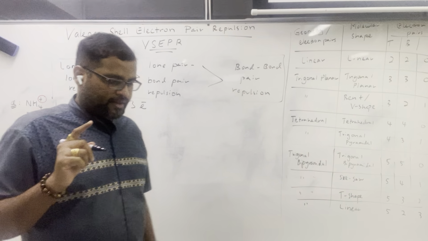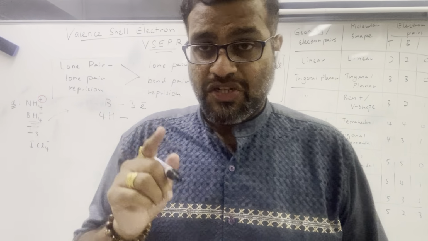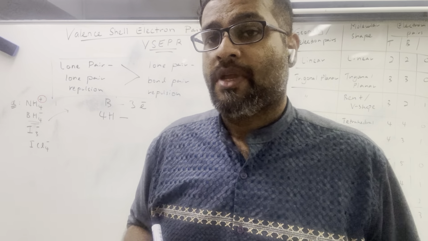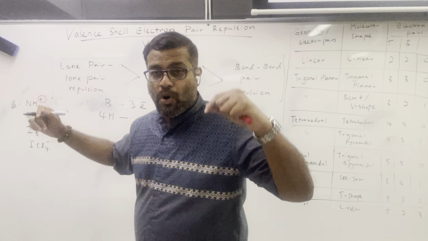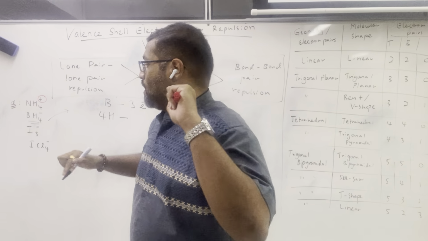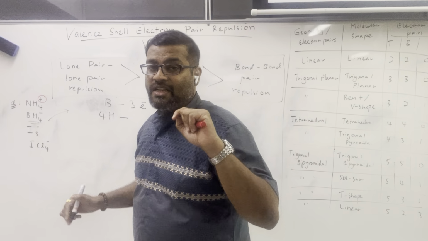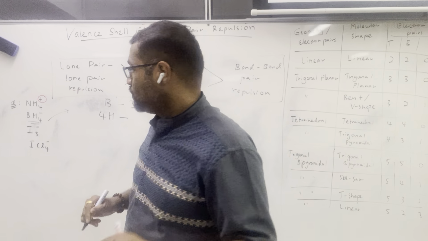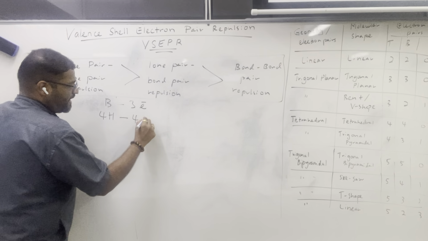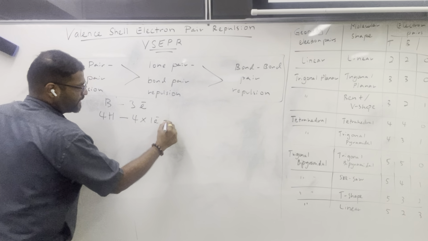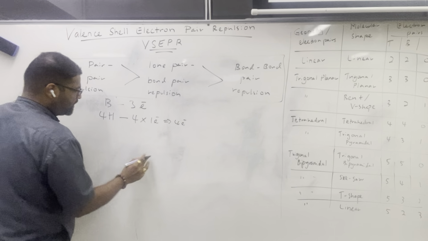Please bear in mind that I did mention earlier in my previous session that for any side atom bonded to the central atom, always remember we need to consider the valency, not the valence electron. The valency for hydrogen to achieve duplet is 1 electron, and 4 times 1 electron gives you 4 electrons in total.